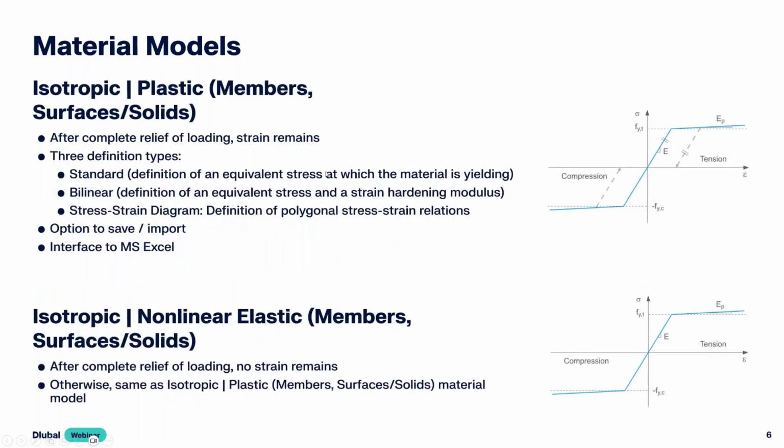Those are the first 2 nonlinear material models. There's the isotropic plastic material model. The difference to the isotropic nonlinear elastic model is that after unloading, a deformation remains, and this is not the case for the nonlinear elastic model.